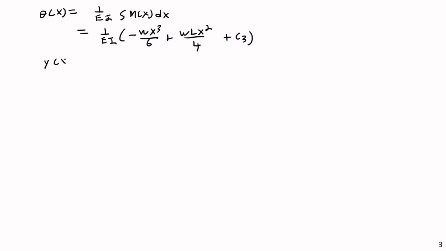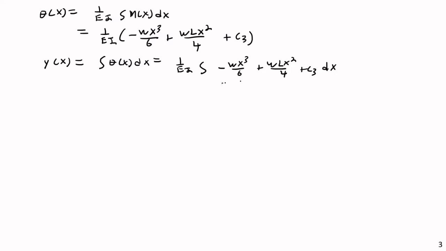So y as a function of x, the actual deflection as a function of x, is going to be equal to the integral of theta as a function of x dx, and so if I pull out the 1 over EI, I will have the integral of negative Wx to the third divided by 6 plus WLx squared divided by 4 plus C3 dx.